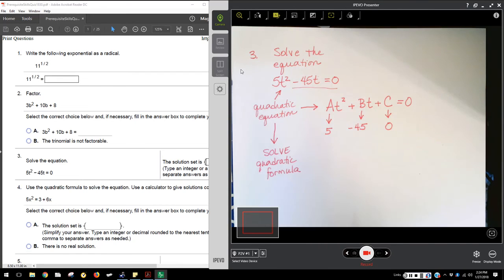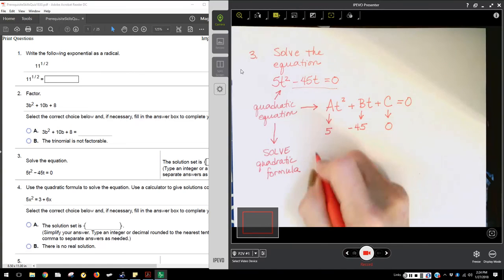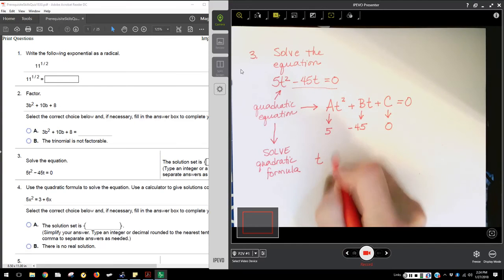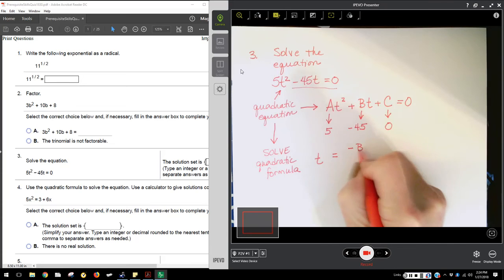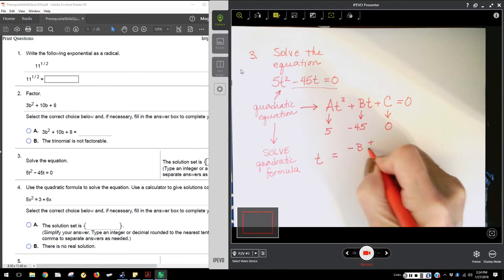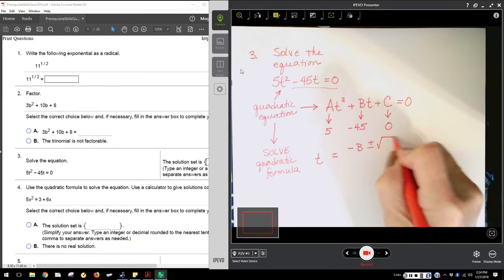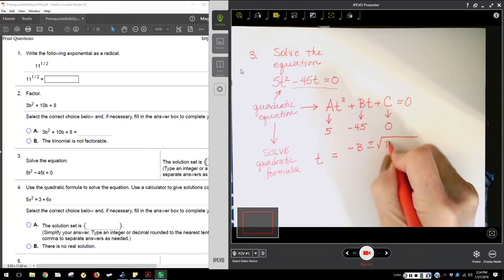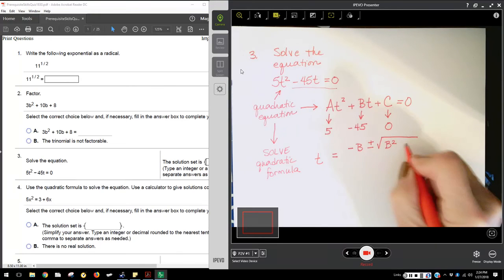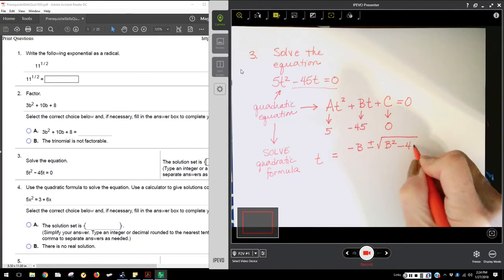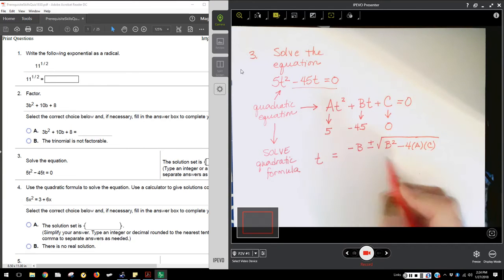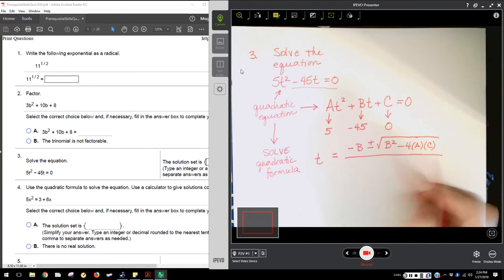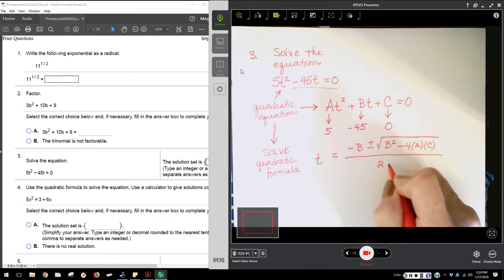The quadratic formula says that the variable, in this case t, is equal to the opposite of b plus or minus the square root of the value of b squared minus 4 times the value of a times the value of c, all divided by twice the value of a.